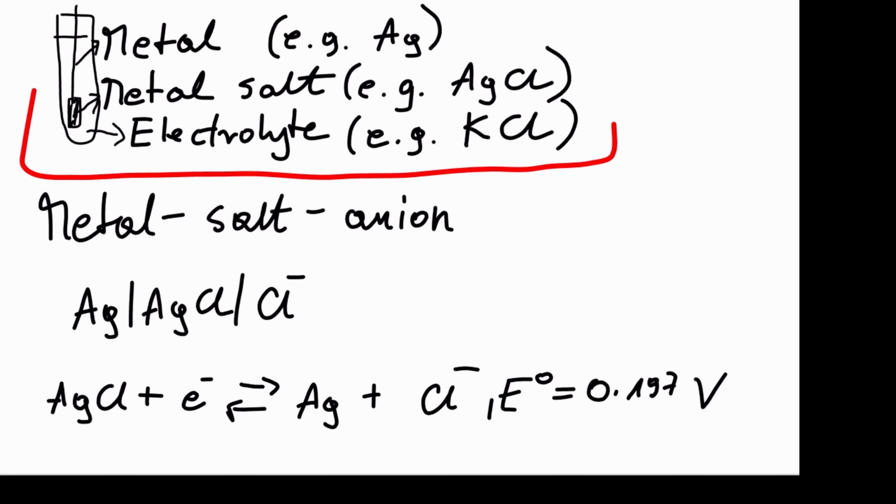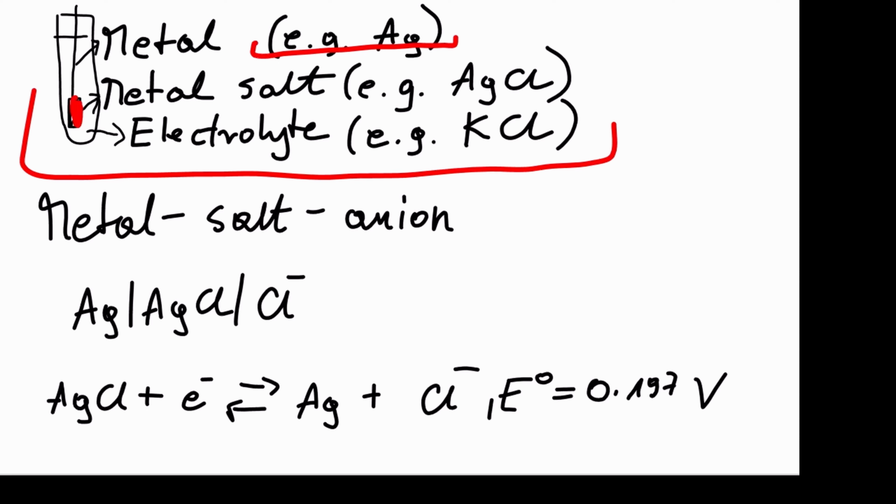We have a metal, for example silver. In this case, the silver is covered by a salt, which of course needs to contain cations of this covered metal. So this silver is covered by, for example, silver chloride.